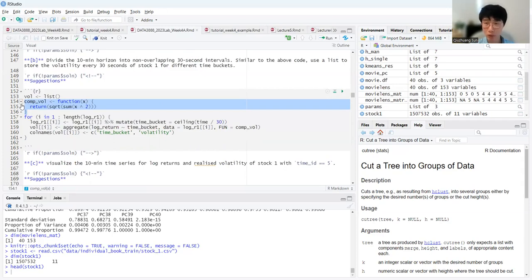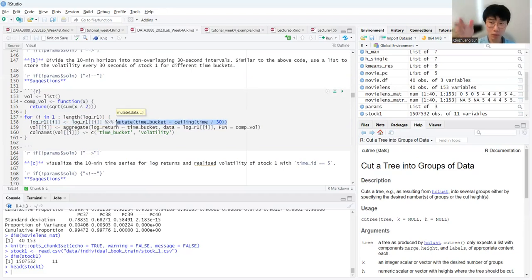Remember, we look at the first 500 time IDs for stock one. So I say this is the corresponding time bucket. Remember, we have 600 seconds in one 10-minute time bucket. So if I divide it by 30, this is kind of an index.